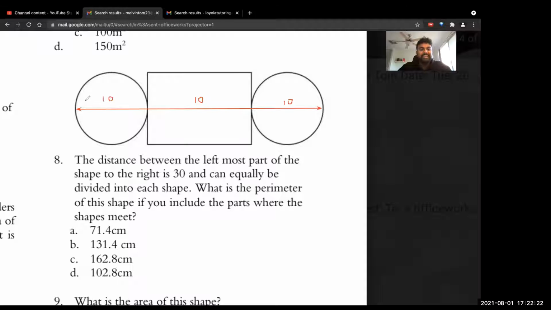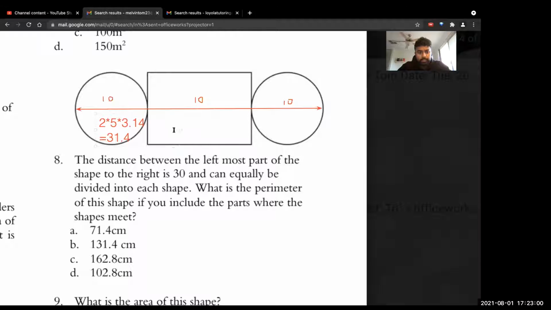Now, the question is asking for a perimeter. So what's the perimeter of a circle called? Circumference, right? And the equation for circumference is 2 pi r or pi times diameter. So in this question, for this circle here, the diameter is 10 or the radius is 5. So you just do 2 times 5 times 3.14, and that is equal to 31.4, right?